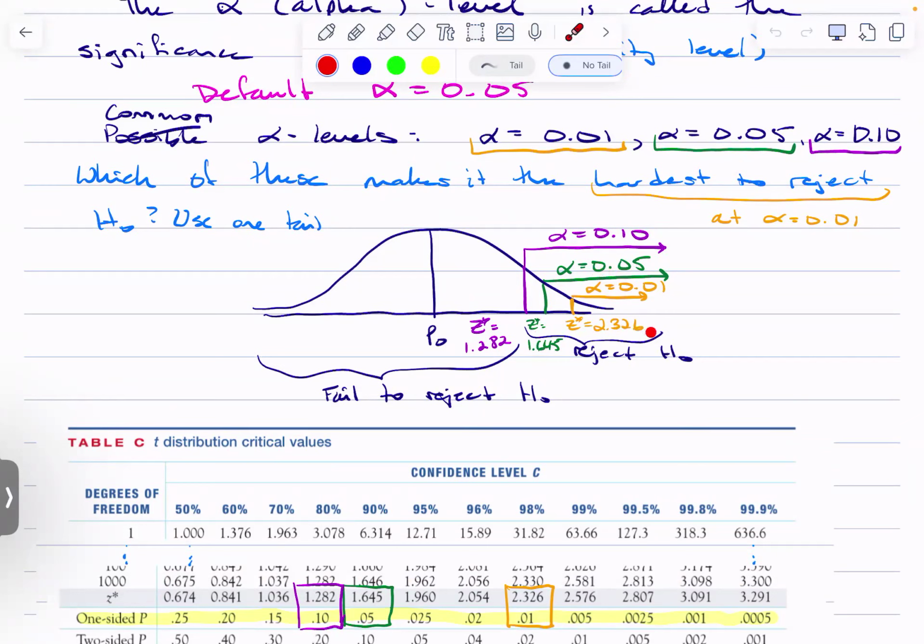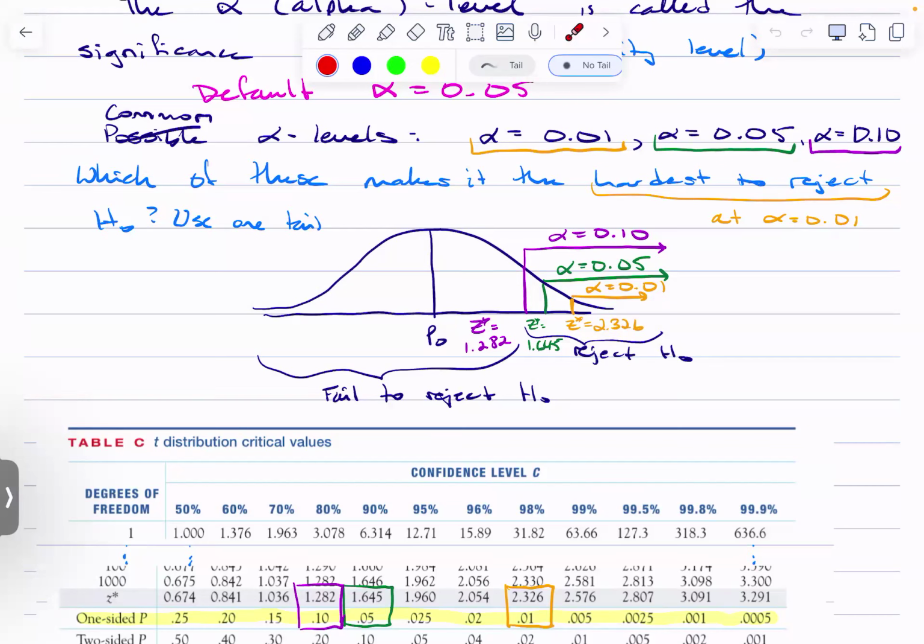As your Zs are moving out, the area in the tail gets smaller and smaller, so they're linked like that. So an alpha of 0.01, of these three, makes it the hardest to reject H naught.